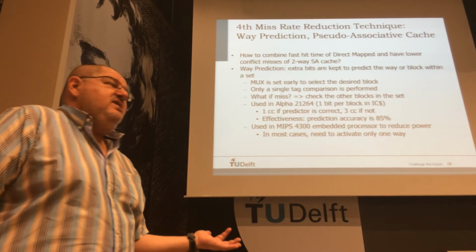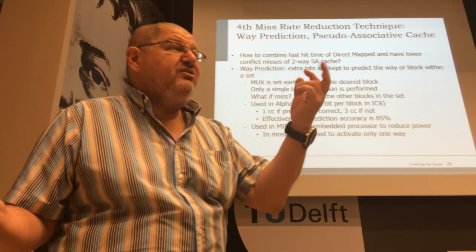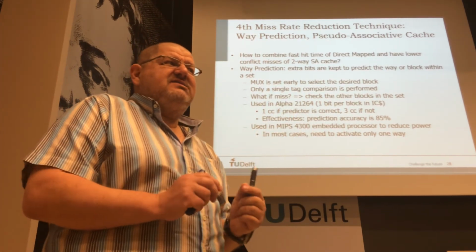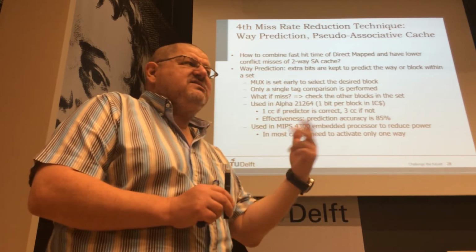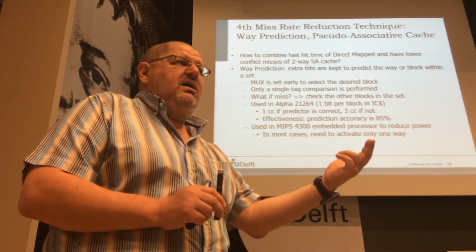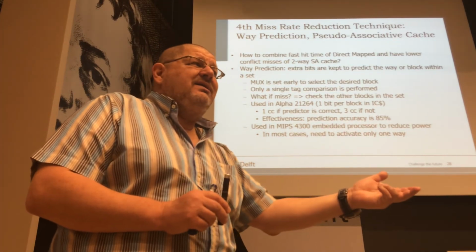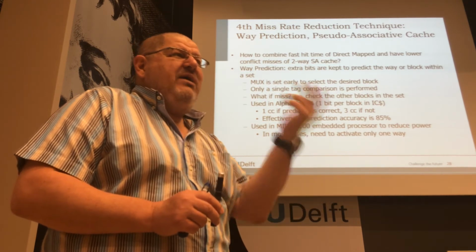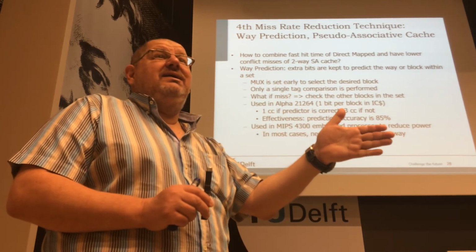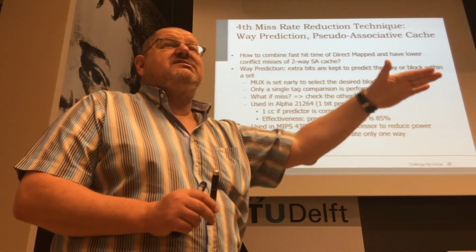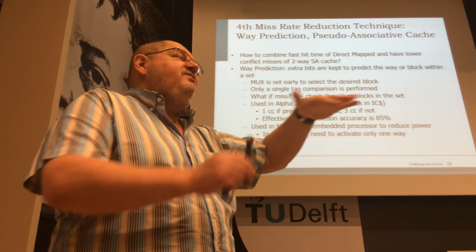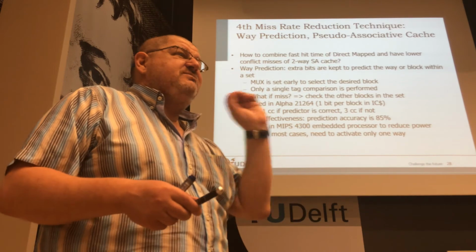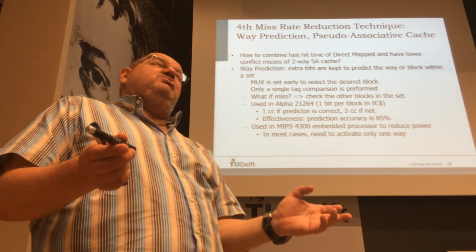In the same way I use some kind of bits in order to do branch prediction, I can also use some bits and say, I'm looking for this address. Last time it was in set 1. Most likely it will be in set 1 also now. Then, based on those bits, I'm looking in set 1. If I'm there and my prediction is good, my 4-way associative cache will behave like a direct map cache with a small cycle, very fast, still associative.